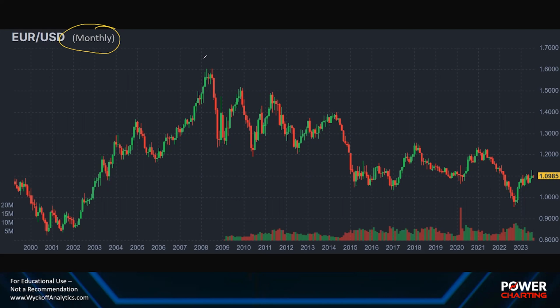And Wyckoff analysis could be applied easily to the price structure alone or to the price structure and volume as well. Now, there is a big question about the validity of the volume signature on different software platforms. It's a very valid question, and I've been asked this many, many times by our students. I'd say that whatever volume signature you could find, it's still going to be relatively okay to use in your analysis.